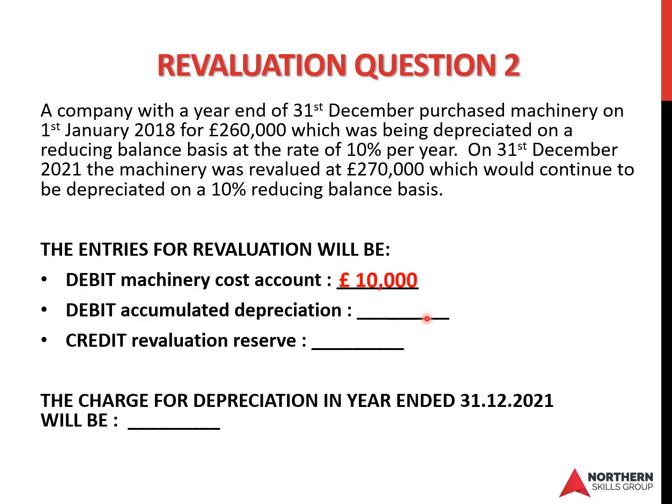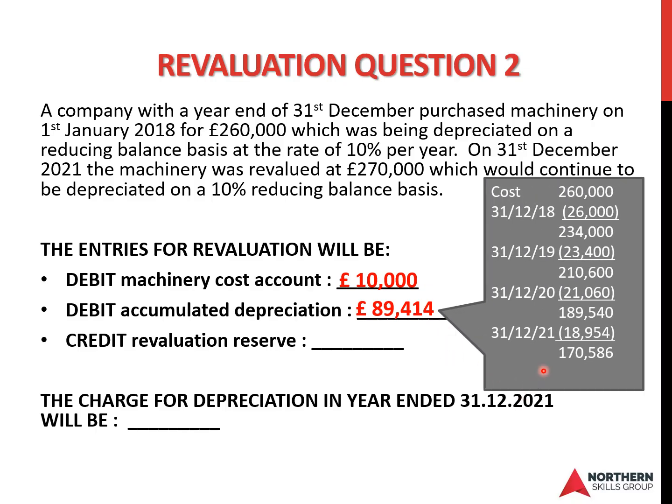We then want to get rid of all the depreciation to date on that asset, and the important thing to remember here is that the revaluation is after the depreciation for the year to the 31st of December 2021 has been calculated. So the adjustment here is a total of 89,414. There's how the depreciation has been calculated for those 4 years.